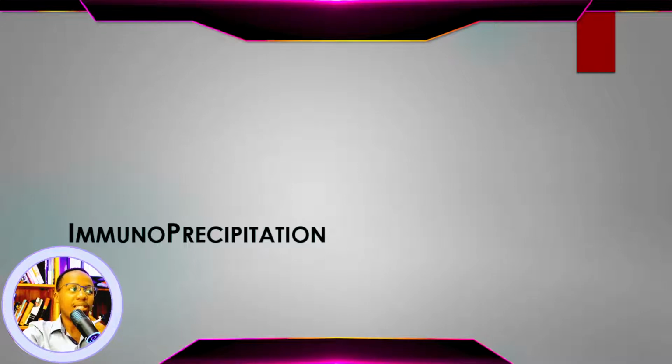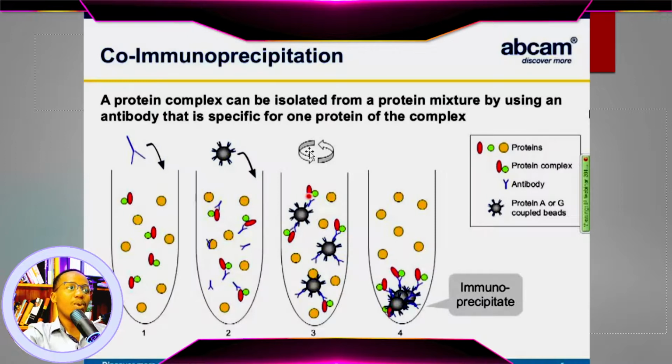So we use antibodies. And then precipitation, you know what precipitation is: precipitating something out of the solution so that you can centrifuge it down. We use immunoprecipitation to see which proteins bind to which proteins. So we're looking for protein complexes or protein-protein interaction.